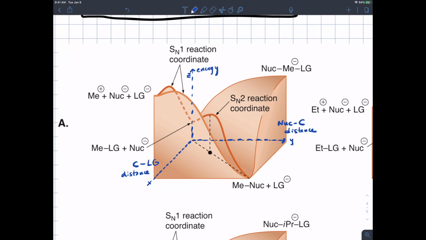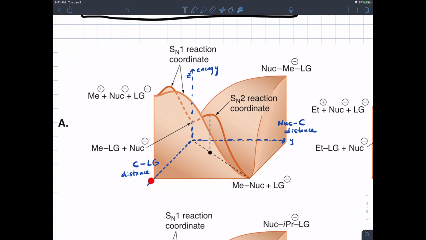So, just thinking about it mechanistically, if we were to try to go from 0 in X and go all the way here, that would mean the leaving group left all the way before the nucleophile started to come in. That would be an SN1 reaction, okay?